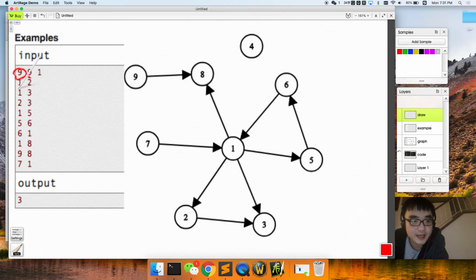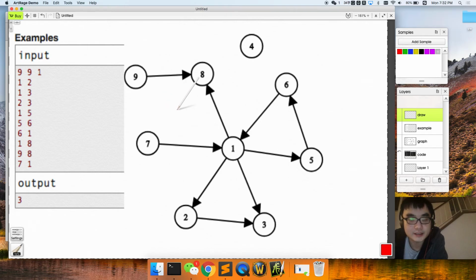And the edges between the nodes are 1, 2. So here, 1 to 2 is a one-way path, right? 1 to 2. And 1 to 3, 1 to 3. 2 to 3, 2 to 3. So that's it.